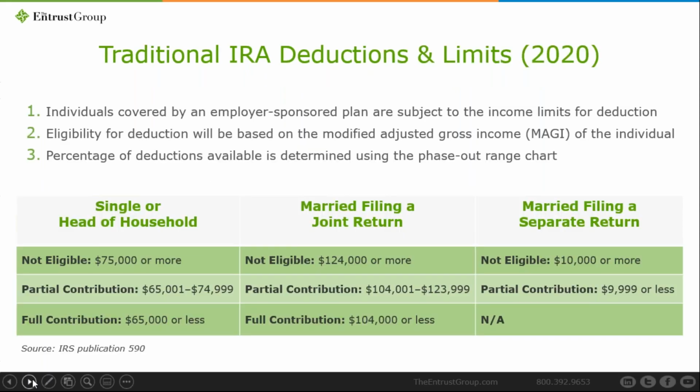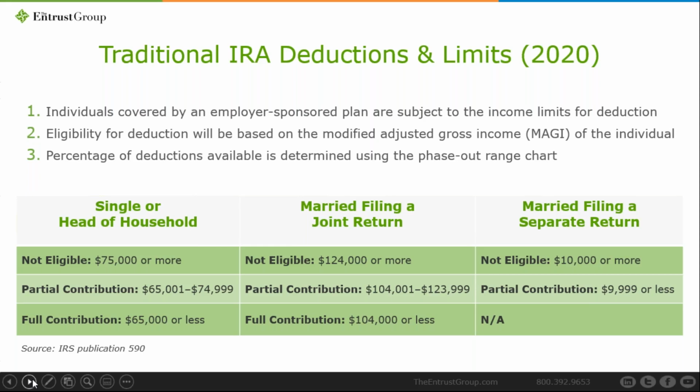Let's take a look at the chart for 2020 to illustrate the concept of how to determine whether or not a contribution is deductible or not. Let's take a look at a single or head of household filer. If the person is covered by an employer-sponsored plan and they're single, we'll take a look at the first part of the chart, single or head of household filer.